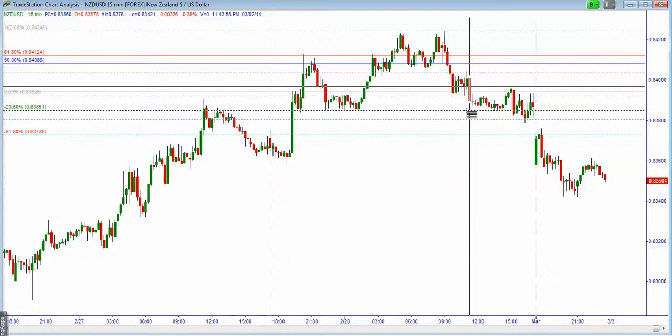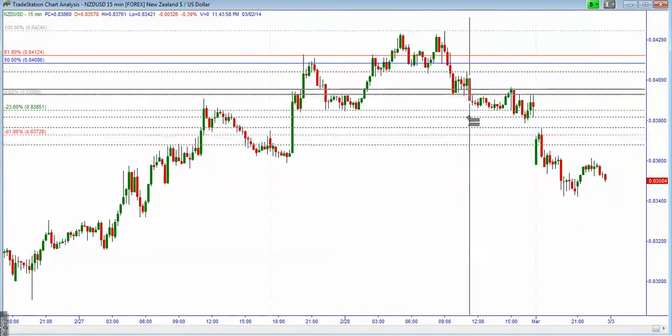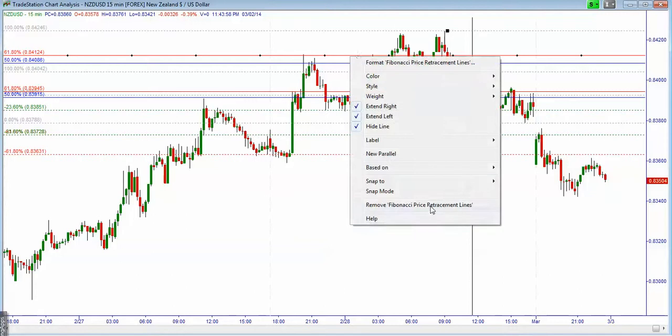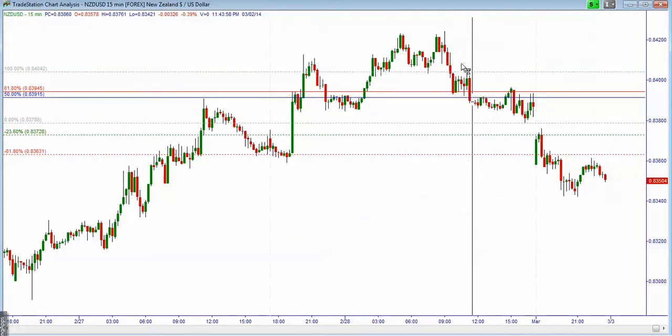But actually this market came back to the highs to lows here on Friday, and then continued lower.